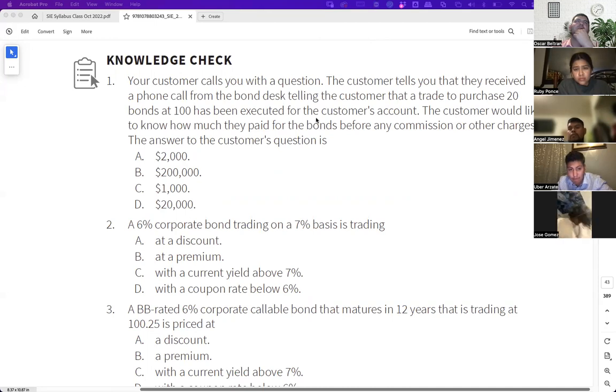The customer would like to know how much they paid for the bonds before any commission or other charges. The answer is, so they bought 20 bonds, right? Times 100. D.